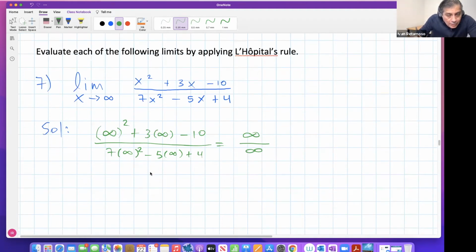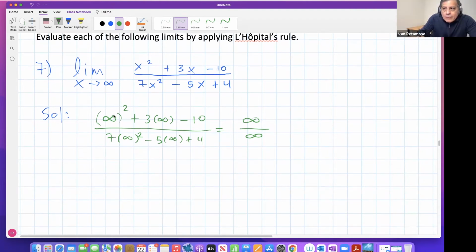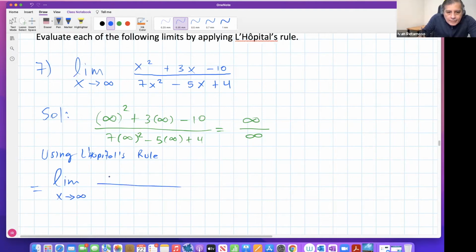But L'Hopital will help us with this form as well. So using L'Hopital's rule, this will be equal to the limit as x approaches infinity of the following. We're going to replace these functions by their respective derivatives, okay?